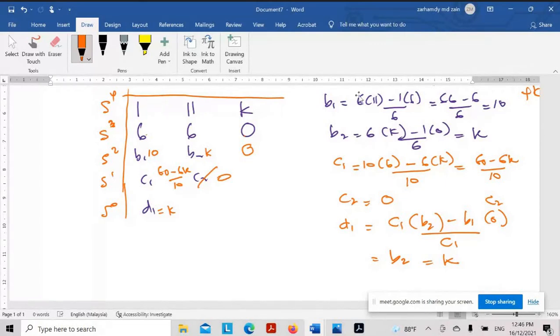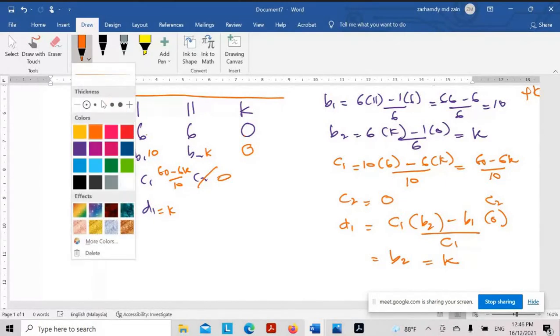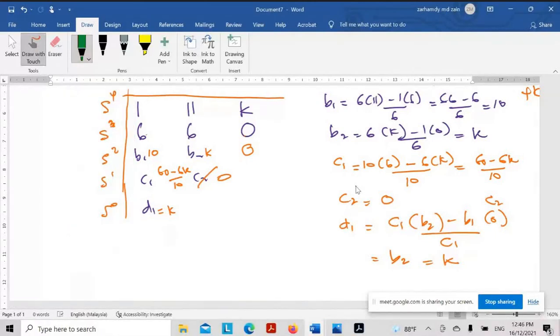Okay, what do we want to do now? We just concentrate on the first column, the first row here. We need all the signs, all the values to be positive. So now we have positive 1, positive 6, positive 10.